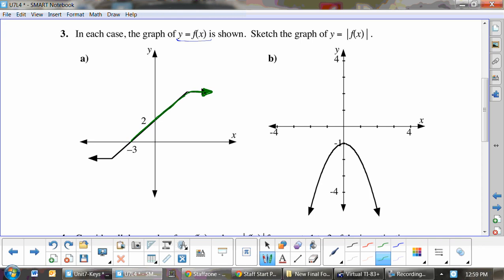But then all of our negatives get reflected. So say this point is, I don't know, -4 and -2. Just our y gets reflected. So it would be like -4, +2. Okay, so our new graph would look like that.